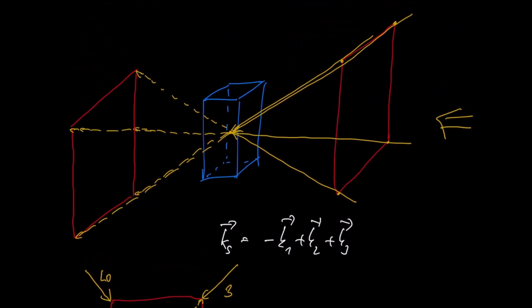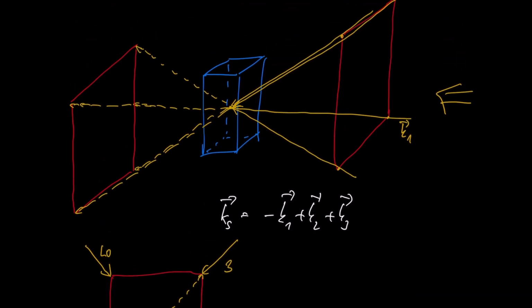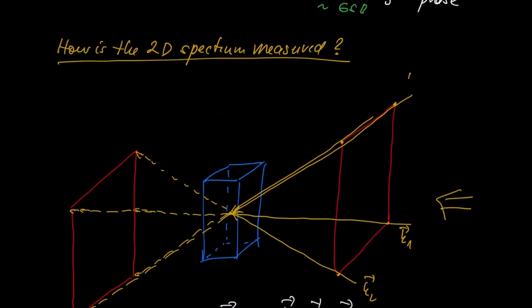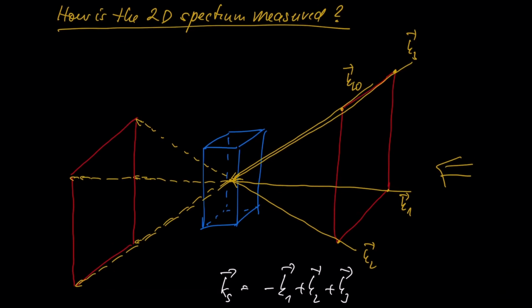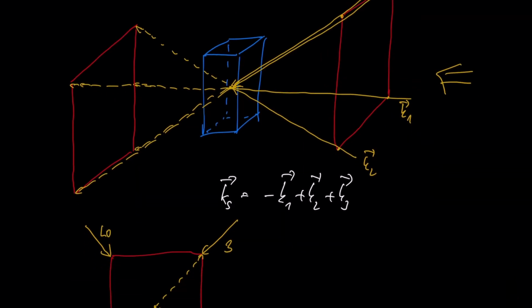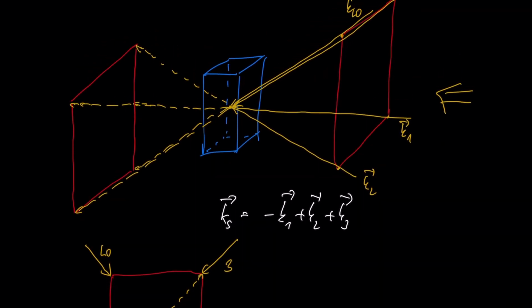So according to our picture here, this is the K1, this is the K2, here we have K3, and from this direction we send the so-called local oscillator, which is another pulse with which we will mix the signal. So just also to be sure where the signal goes, the signal goes from here to here in this picture.